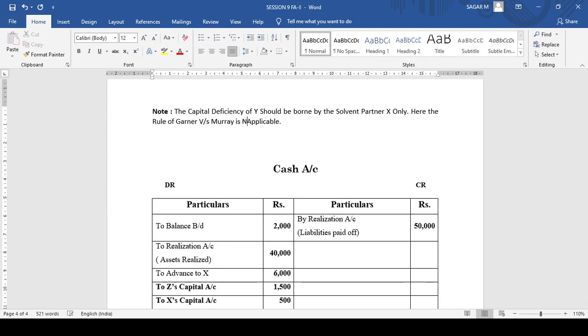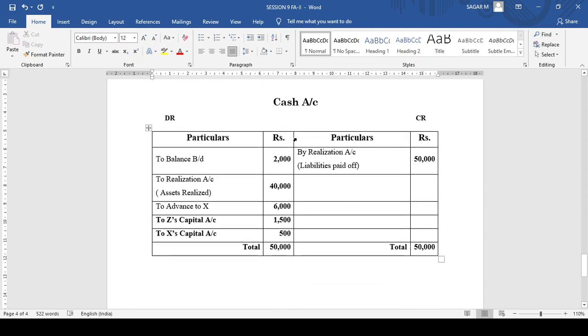Remember, the Garner versus Murray rule is not applicable because, as the name itself says, there must be at least 2 solvent partners. In our problem, Y and Z, 2 have become insolvent and we have only one partner as solvent. Hence, no question of application of Garner versus Murray arises.